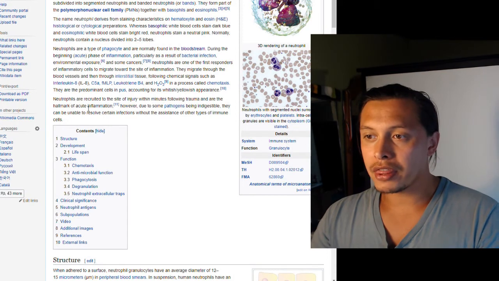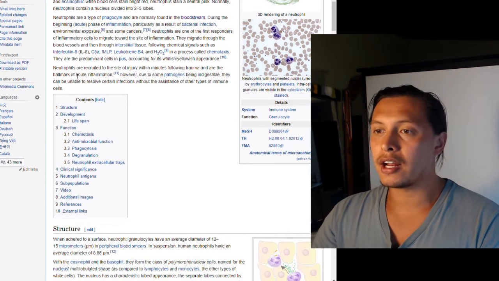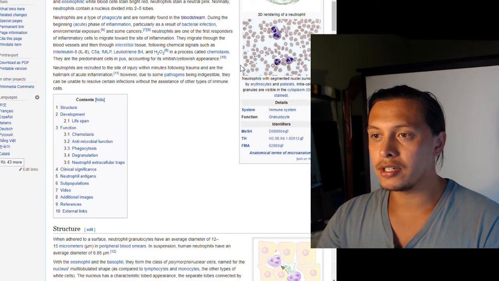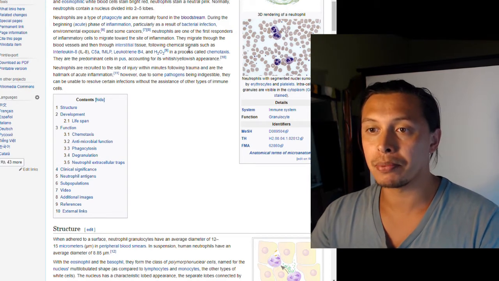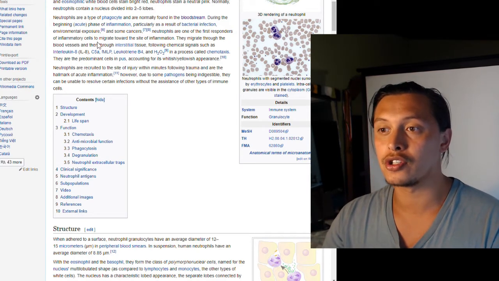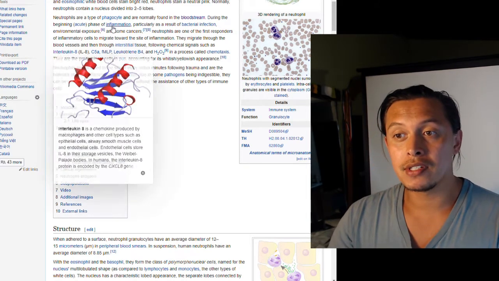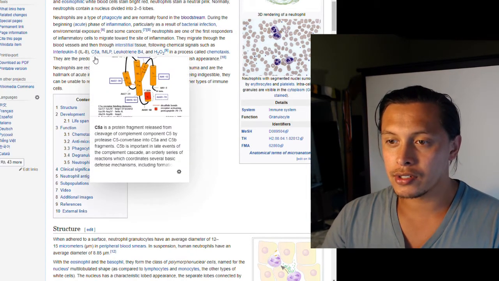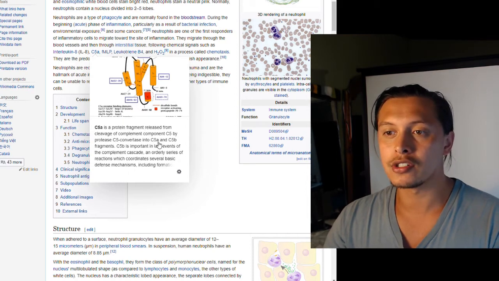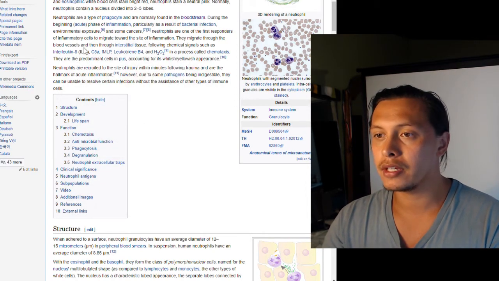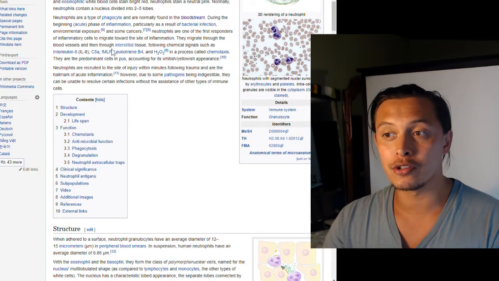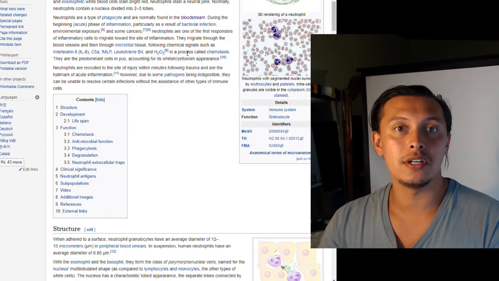With that, one thing that I will also talk about is that they migrate through the blood vessels and then through the interstitial tissue following chemical signals, which could include interleukin 8, C5a, which is a protein fragment released, these other things, and hydrogen peroxide, and this process is called chemotaxis.